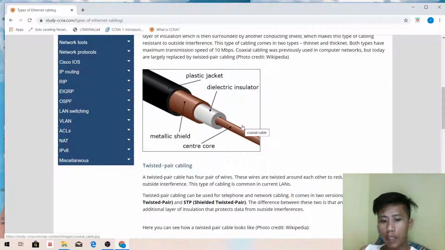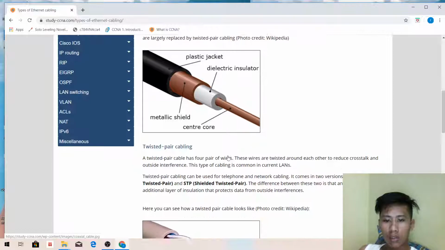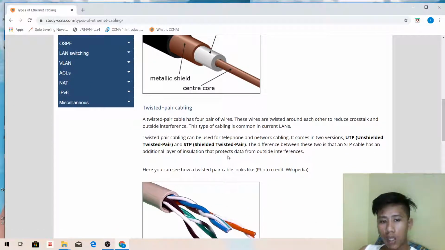This type of cabling is commonly used in LANs, so the twisted pair cabling can be used for telephone and networking cabling, and it comes in two versions. The first one is the UTP, or the unshielded twisted pair, and the STP, the shielded twisted pair.